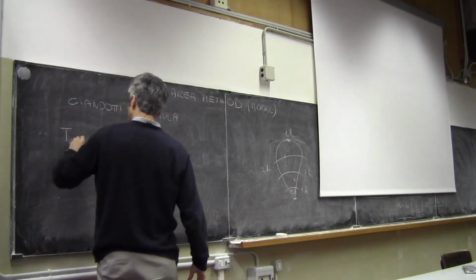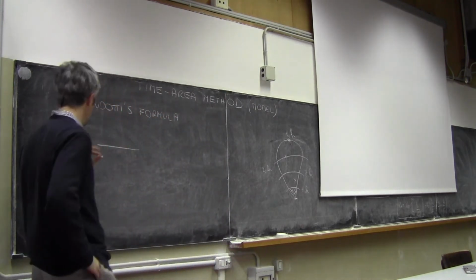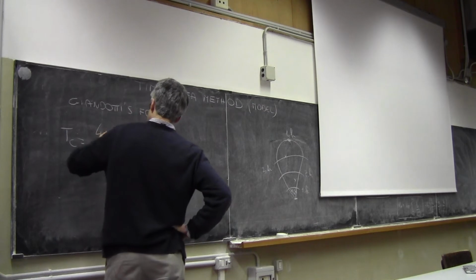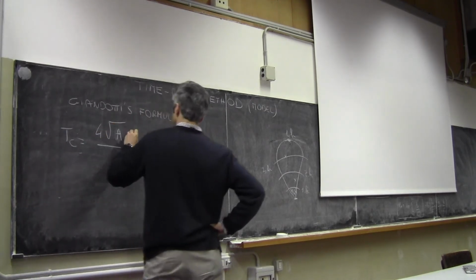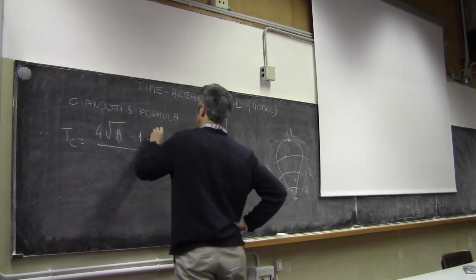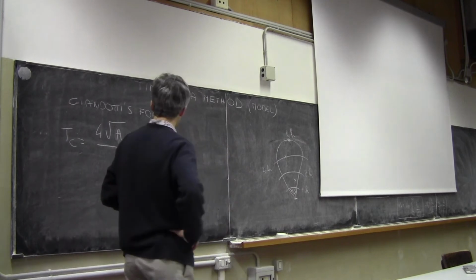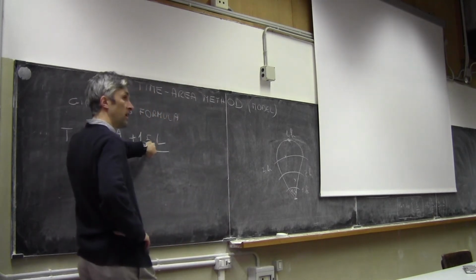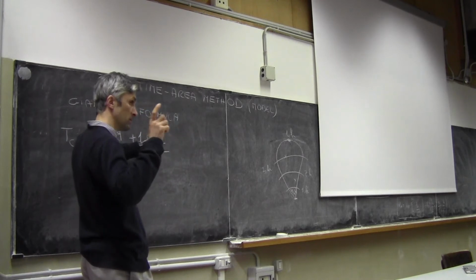And Giandotti's formula, I said that I remember it, is: Tc equals 4 times the square root of A, where A is the area of the catchment, plus 1.5 times L. L is the length of the main stream.